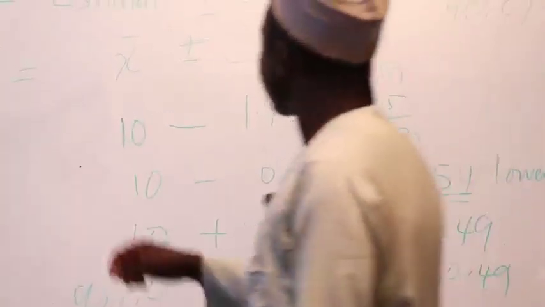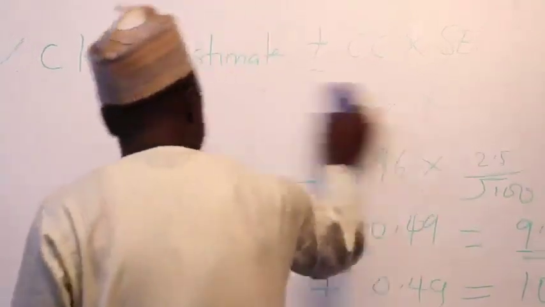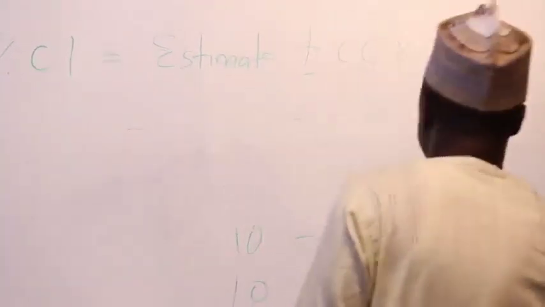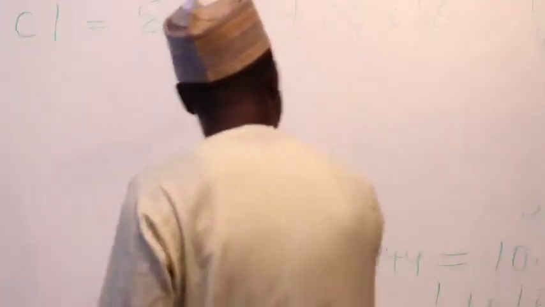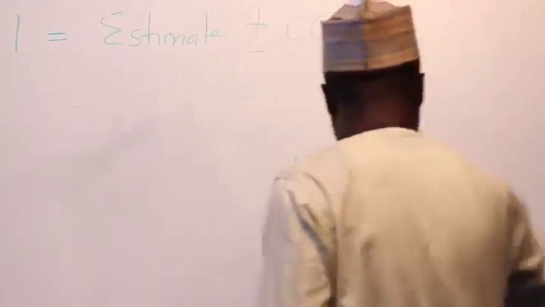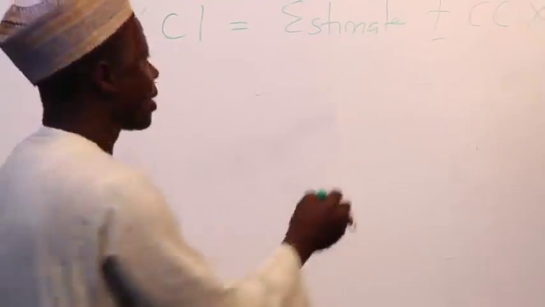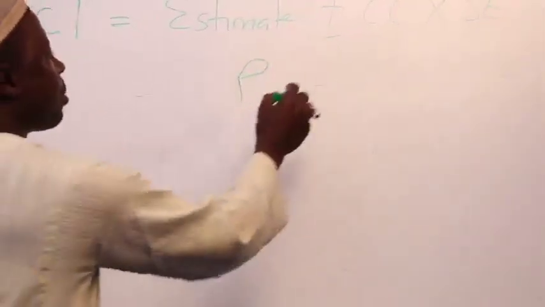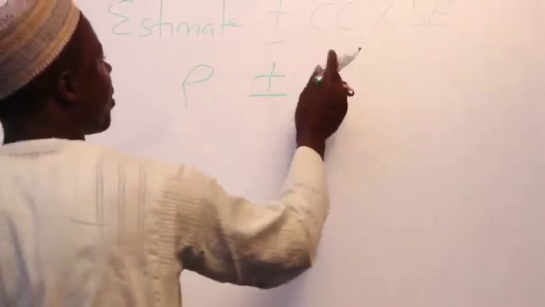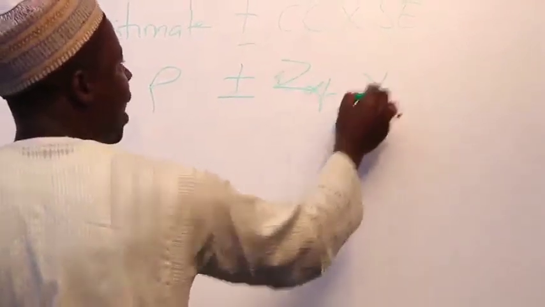Now, let us demonstrate an example of confidence interval of proportion using our parent formula. We said that the parent formula for confidence interval is the estimate, here a proportion, plus or minus confidence coefficient, which is our Z-score of the two-tail, times standard error.